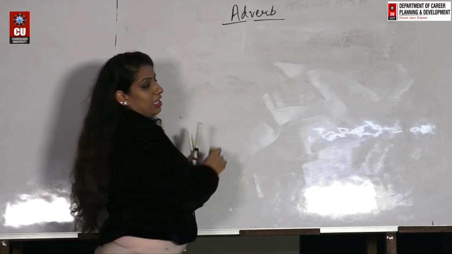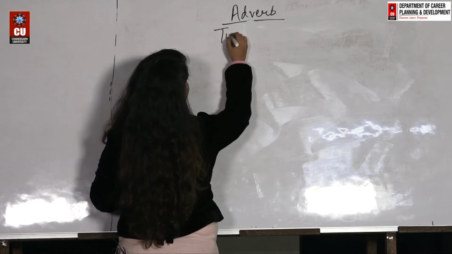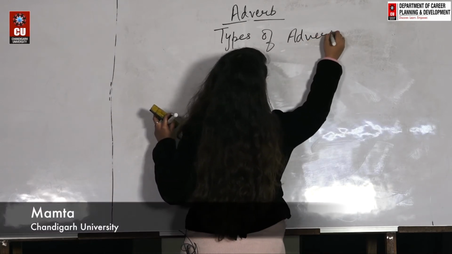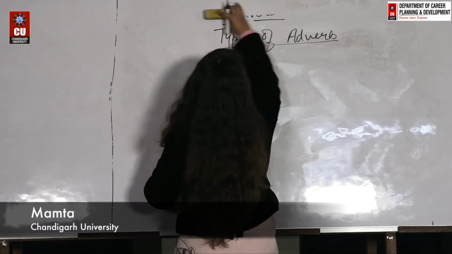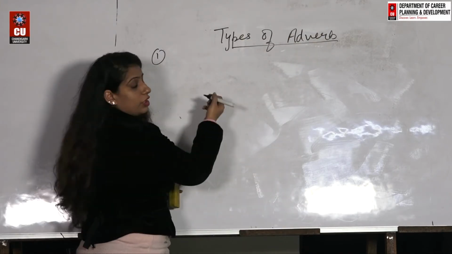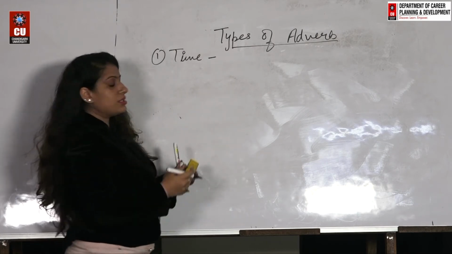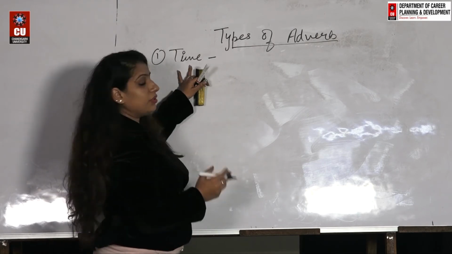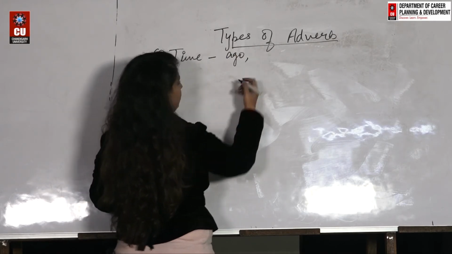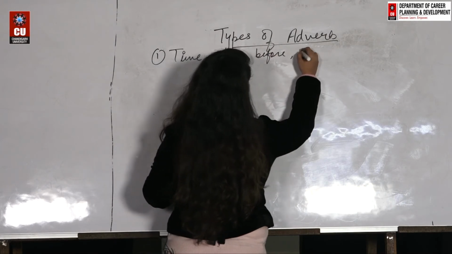Now coming to its types, we have 8 types. Types of adverb. The first is adverb of time. These are the adverbs that we use whenever our sentence is in context with time: ago, like 2 minutes ago, before, after.